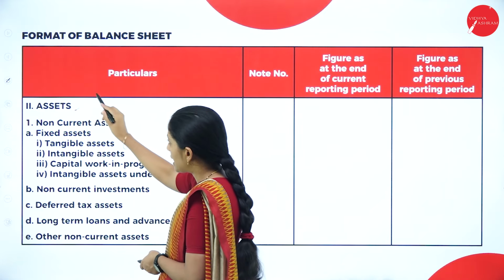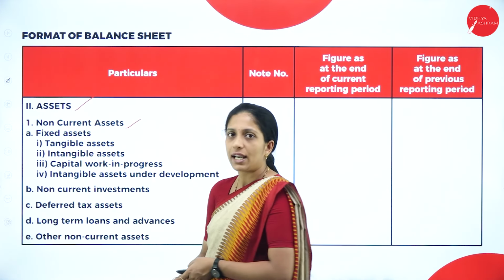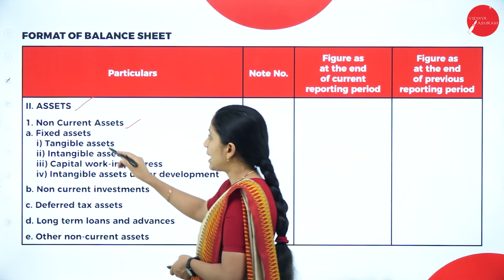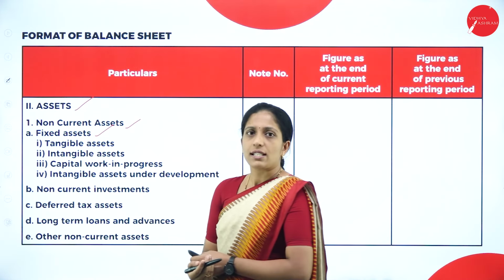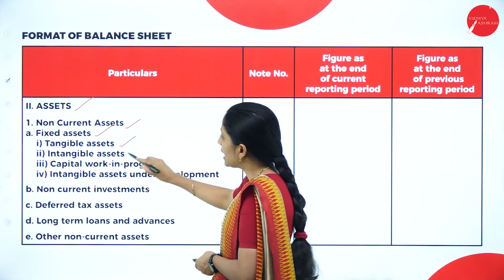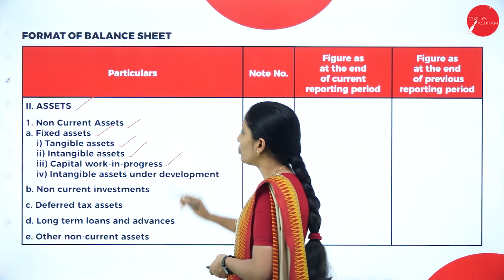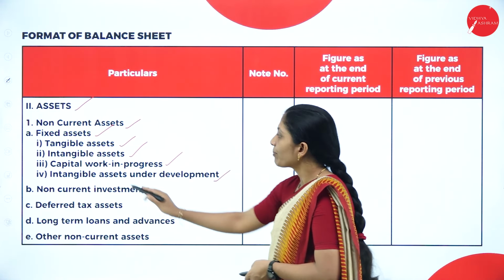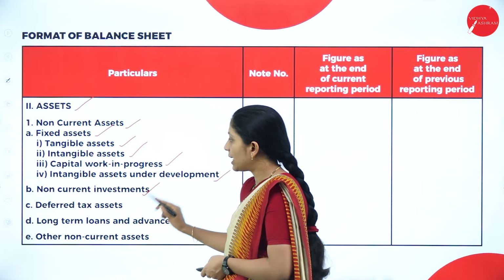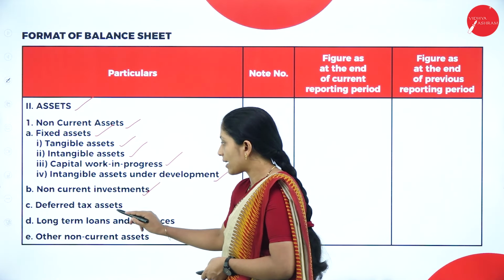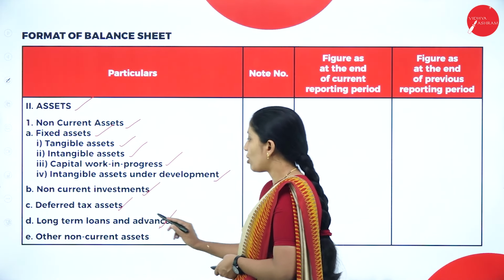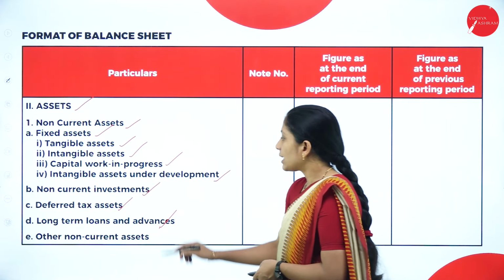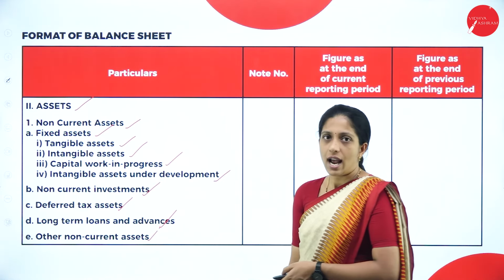So where we have assets, under that first one non-current assets, under non-current assets, fixed assets. Under fixed assets we have tangible assets, intangible assets, capital work in progress, intangible assets under development. And B is non-current investment, C deferred tax assets, D is long-term loans and advances, E other non-current assets.